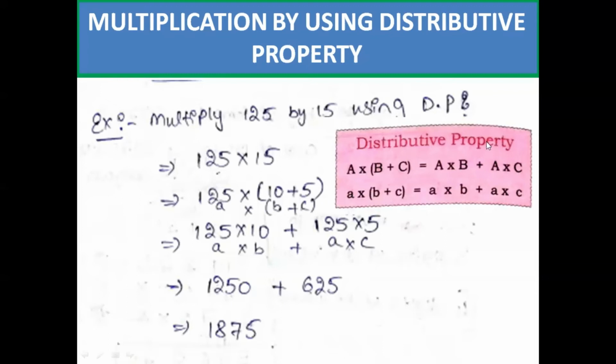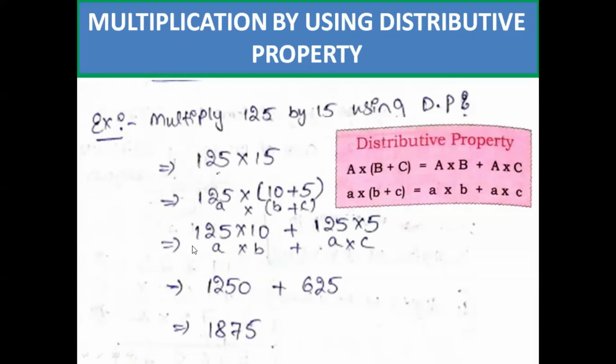See here 125 into 15. We have to distribute this. We can write 10 plus 5. So 10 is B, 5 is C.